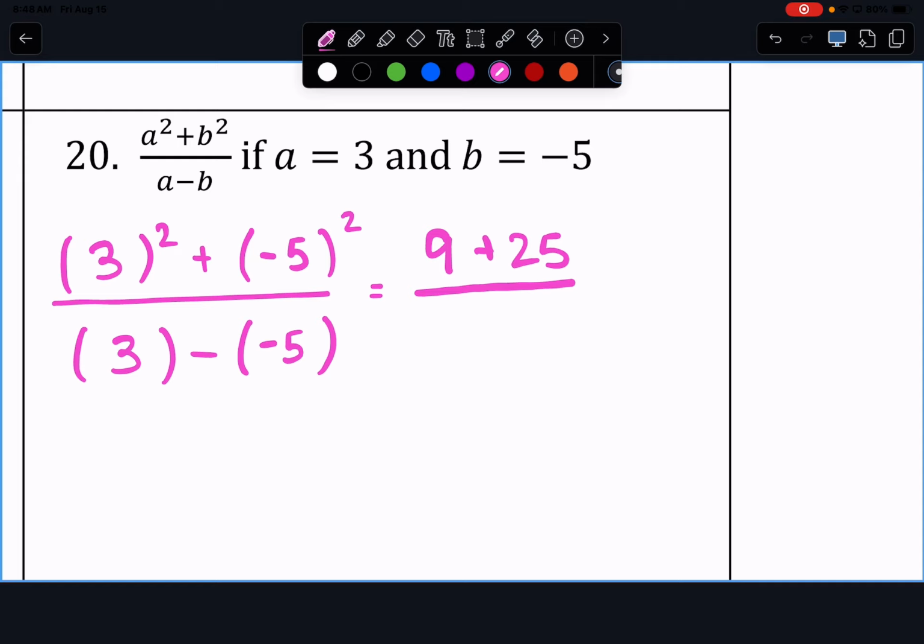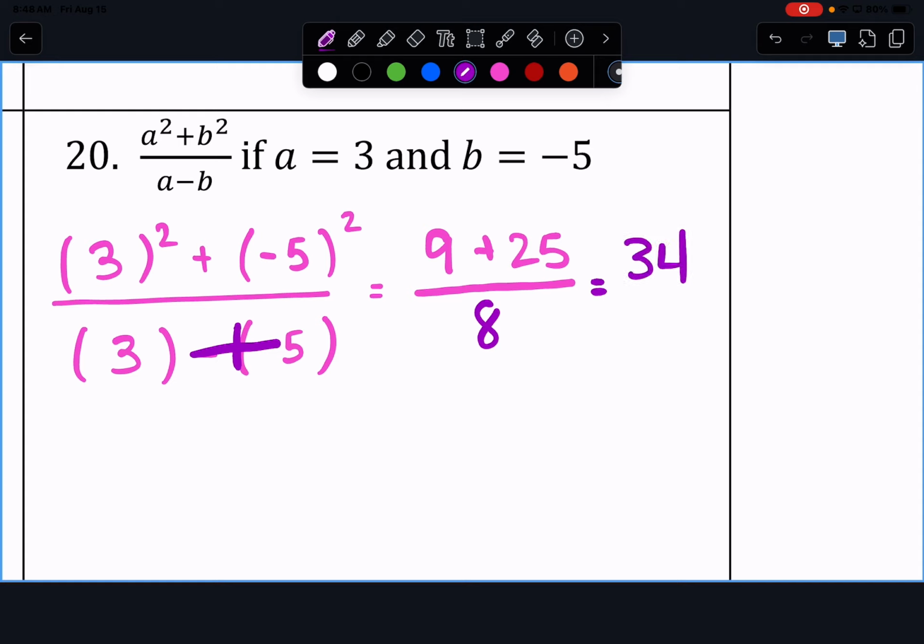Then in our denominator, I am subtracting a negative number. So what does that mean happens? A negative and a negative. So what is 3 plus 5? Okay, so now our numerator is going to equal what? What is 9 plus 25? 34.